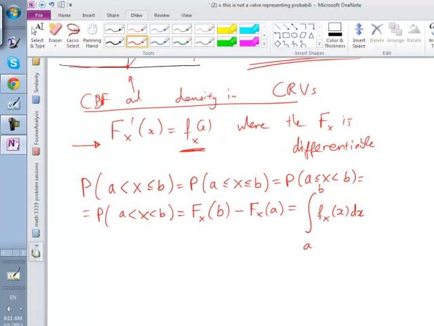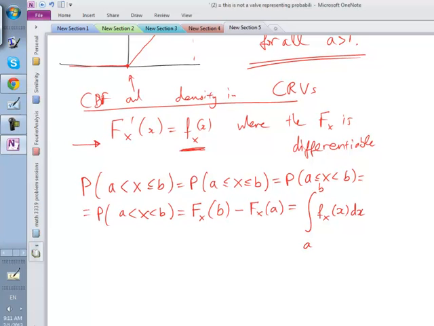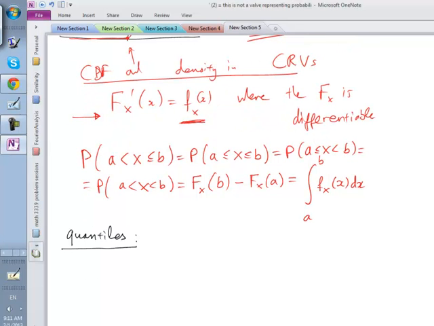I will continue with a very important notion, the notion of quantiles. Actually, I want to mention something more general, the percentiles. So suppose that we have a number between 0 and 100.